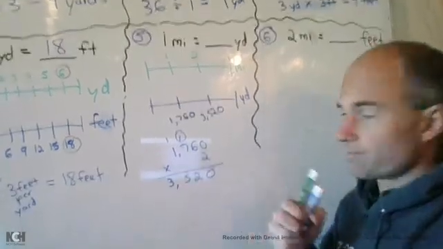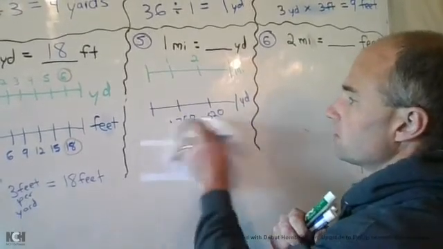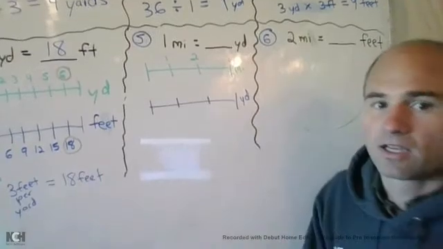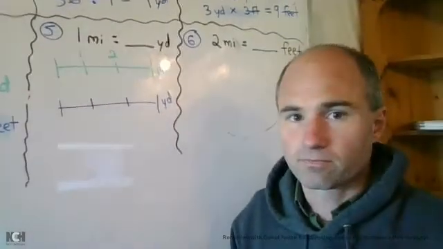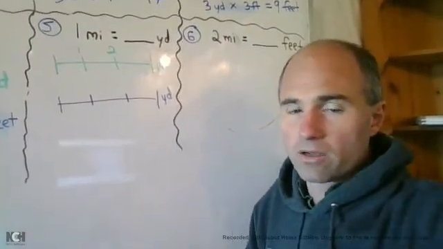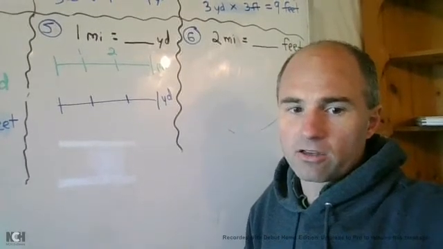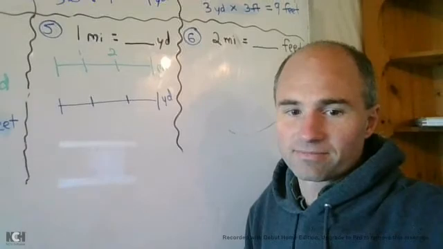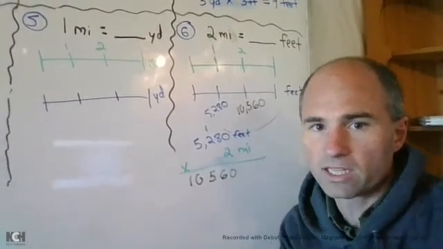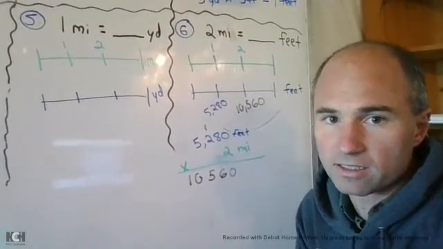All right, last but not least, using that chart of yours, let's solve number 6. 2 miles is how many feet? Go ahead and solve that now. All right, welcome back to our last problem before the exit ticket.